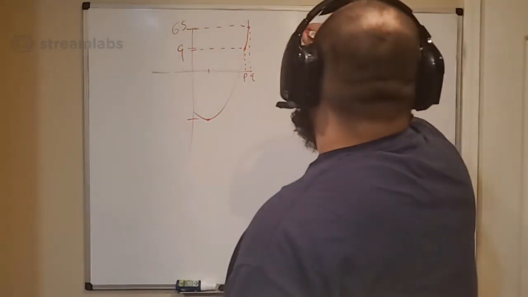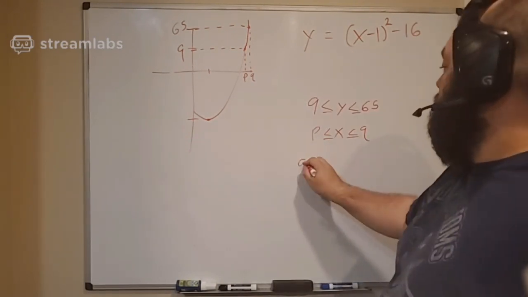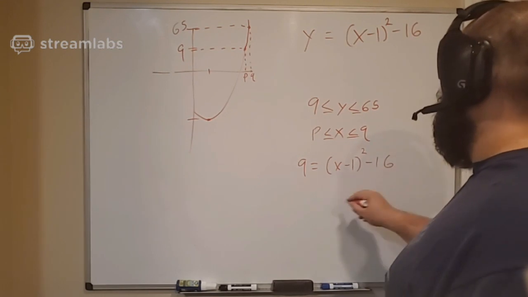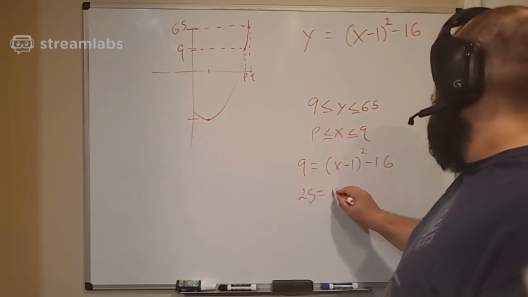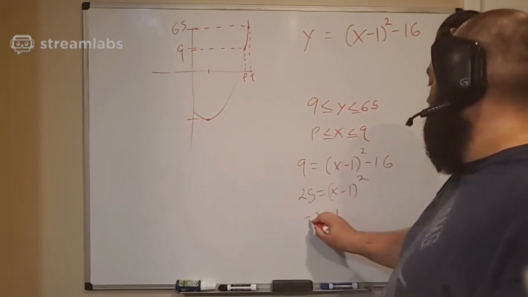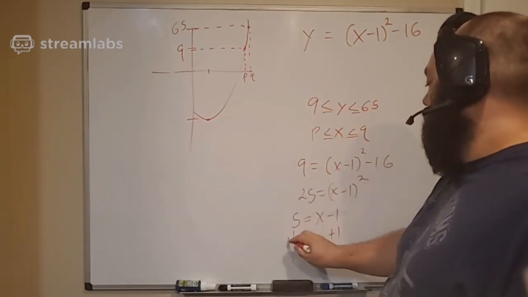So 9 equals X minus 1 squared minus 16. So that's 25 is equal to X minus 1 squared. X minus 1 equals 5. I need the positive values because I'm only doing positive values, so that's fine. So X equals 6. So P is 6.